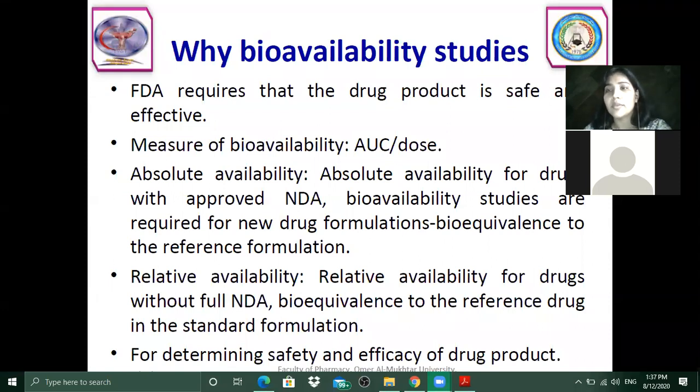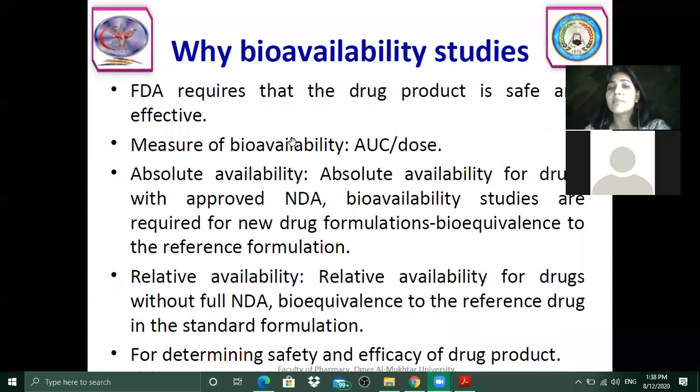And how will you make sure your drug is safe and effective? By doing bioavailability testing on your drug. From that point on, the FDA made it very strict that you have to produce documented results showing that your drug is safe and effective to use.